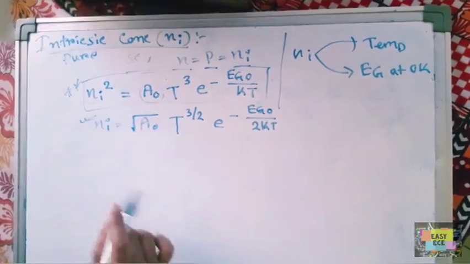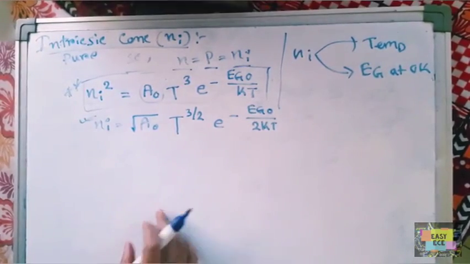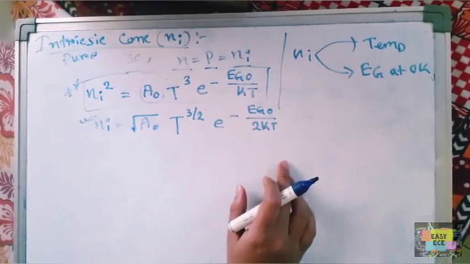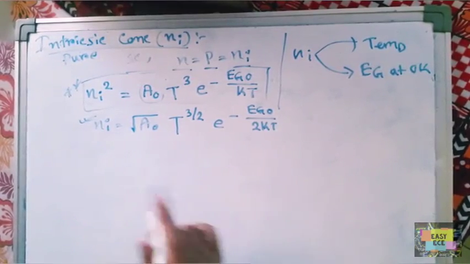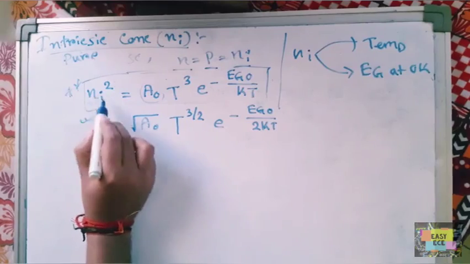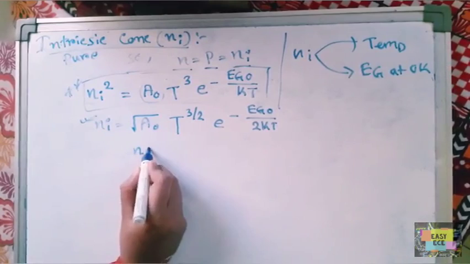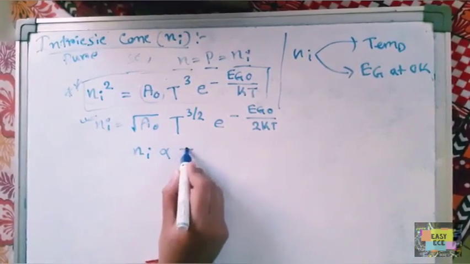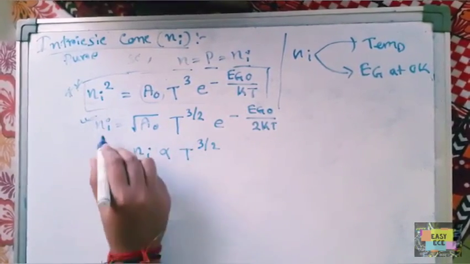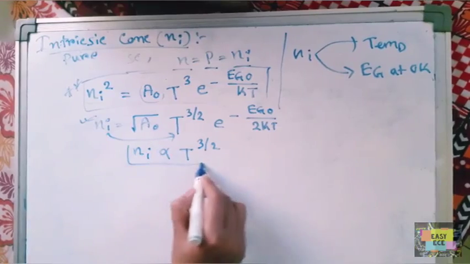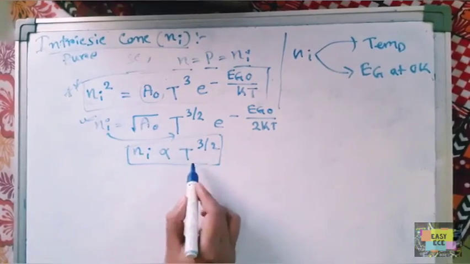This is also the formula. Up to this is the formula of intrinsic concentration. Now what is the dependency of intrinsic concentration on temperature? Intrinsic concentration ni is proportional to T to the power 3 by 2, as we see here. This is the dependency on temperature.